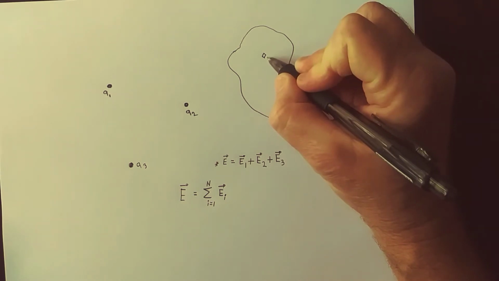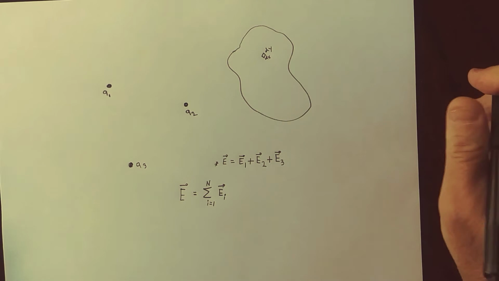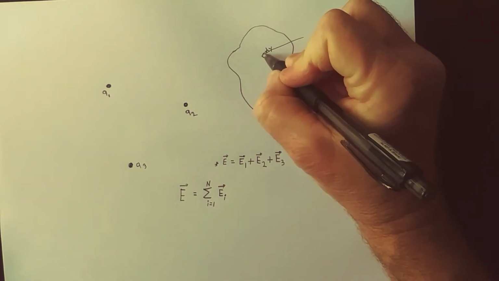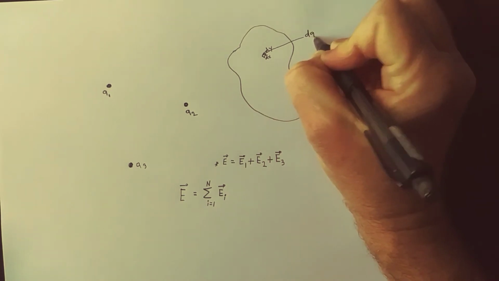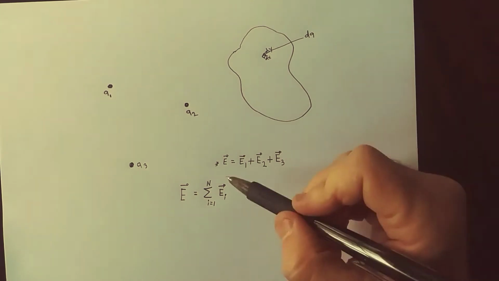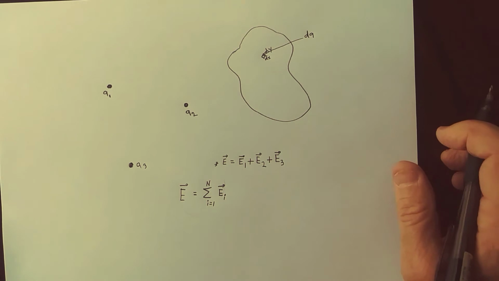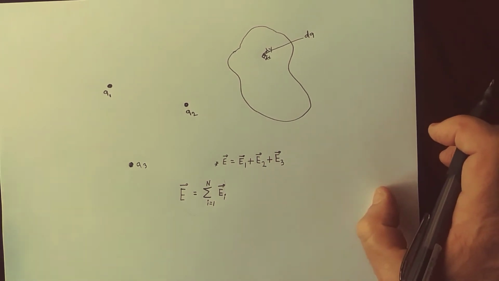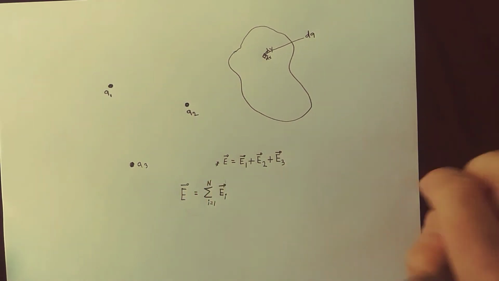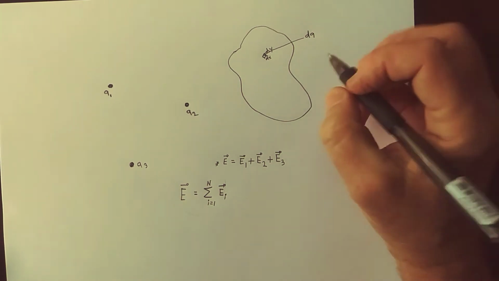This could be a tiny little region dx dy in x and y coordinates, and it has a certain amount of charge dq, and so the principle is unchanged. It's this mathematical result which tells us that we have to add all of the electric fields, but the charge is now continuously distributed, so that expression changes.